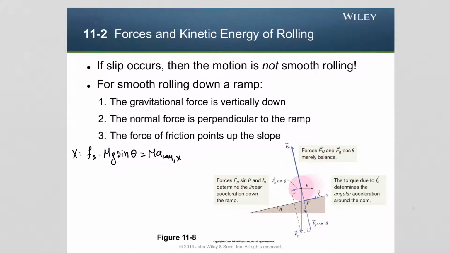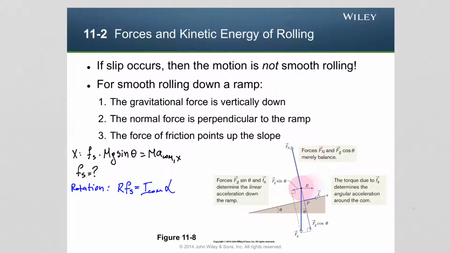Now, here I have two unknowns. The force of static friction is unknown, and I'm looking for the acceleration of the center of mass. So I must first determine the force of static friction. I can determine it from the rotational equivalent of Newton's second law.